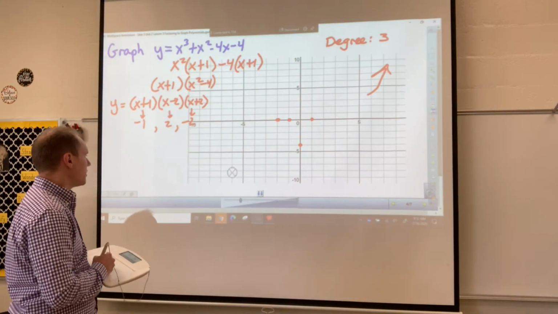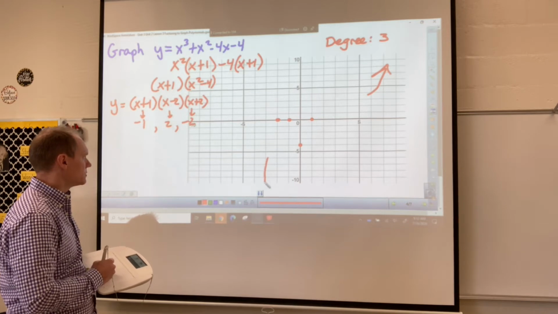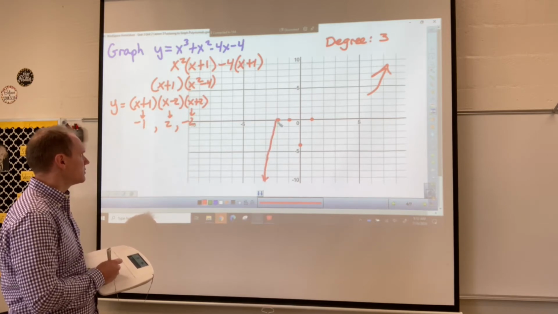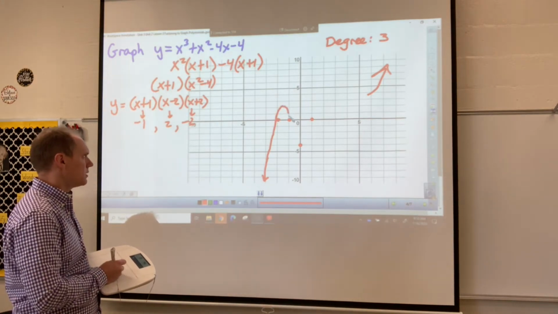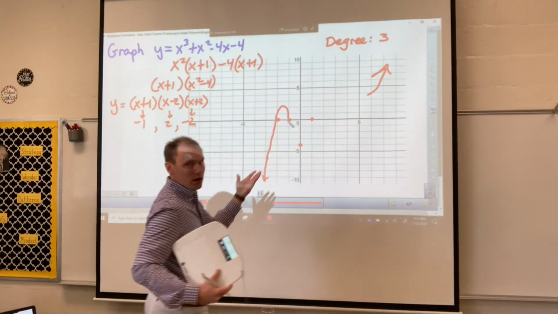We're going to start at the bottom left here, and it's going to come up, because we knew that was the end behavior. It's going to come up through this x-intercept of -2, and at some point it's going to come back down. And it may be where it goes way up here, and then we don't know.